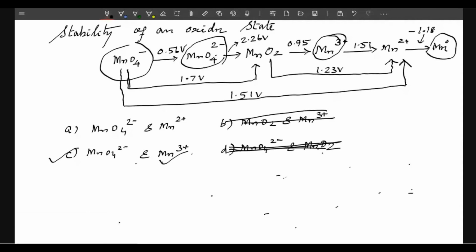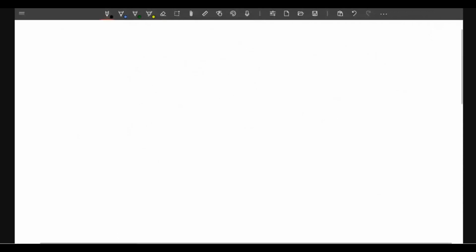Next, one exercise for you. Given the Latimer diagram, take down the diagram.